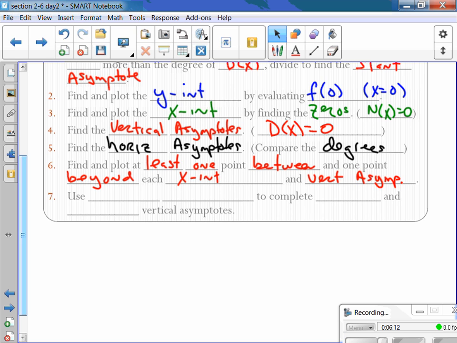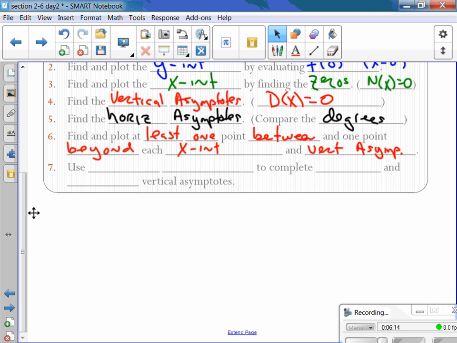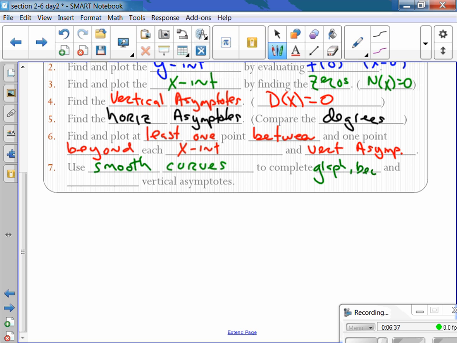And then we go ahead and use smooth curves, not sharp, jagged curves, to complete the graph between and beyond the vertical asymptotes.